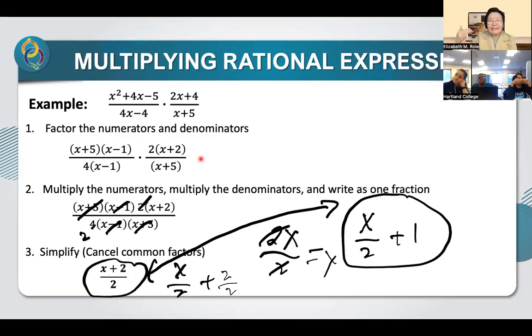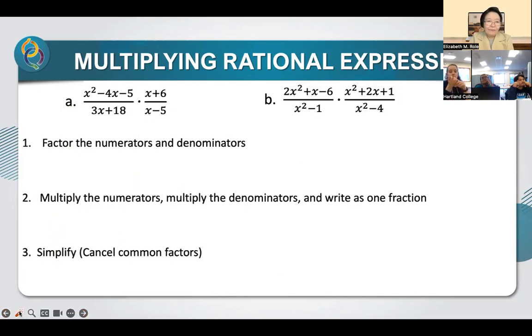In case you are following what the book is saying, from there you can immediately cancel x plus 5, x minus 1, and 2 and 4, and go direct to your answer of x plus 2 over 2. If you feel like it, just do that and immediately go to number 3. That would be okay. So let's now proceed.